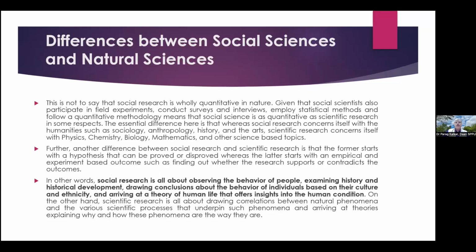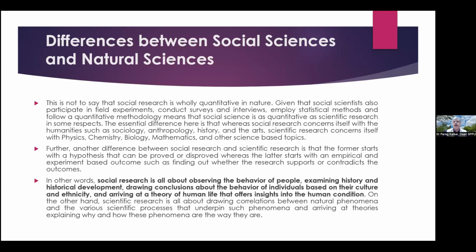Two types of research: normally, it's social science and natural science, or pure science. Social science participates in field experiments, conducts surveys and interviews, employs statistical methods, and follows quantitative methodology.